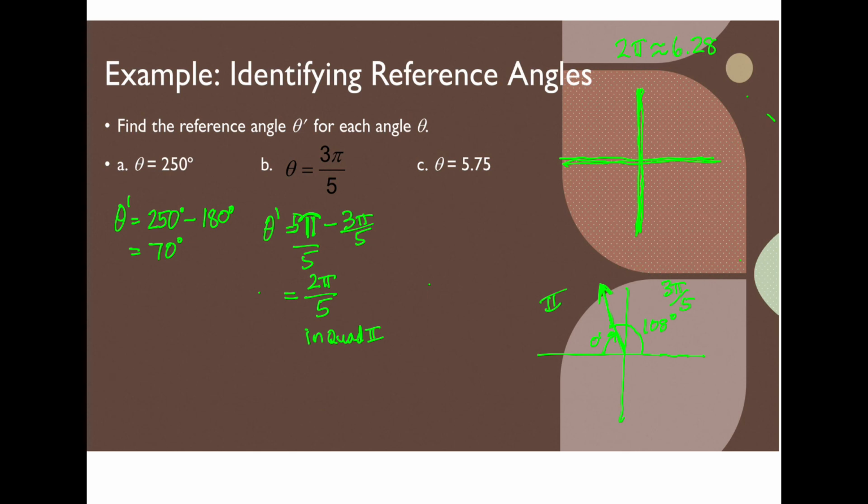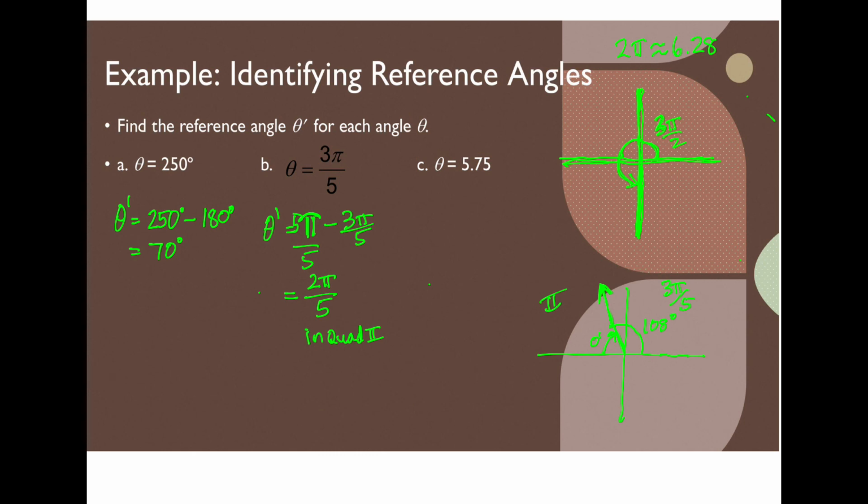Let's make sure, though, that that's where it is. Maybe it's in the third quadrant. Well, let's take into account what this is. This is 3 pi over 2's. Pi over 2 is 90, so this is 1, 2, 3 of those.